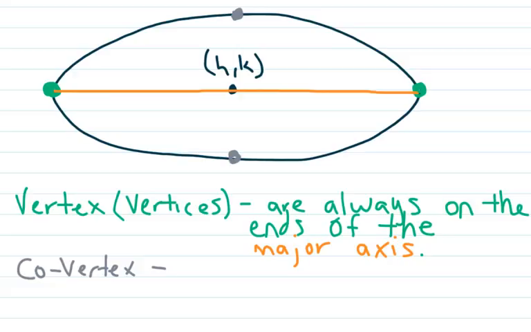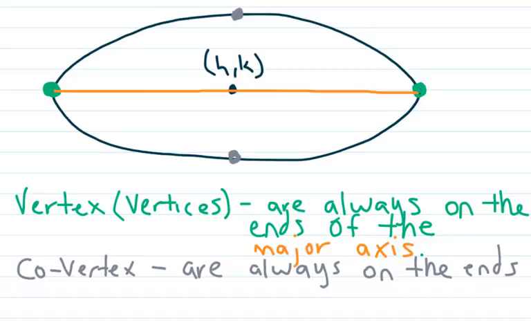And the co-vertices are always on the end of the minor axis.